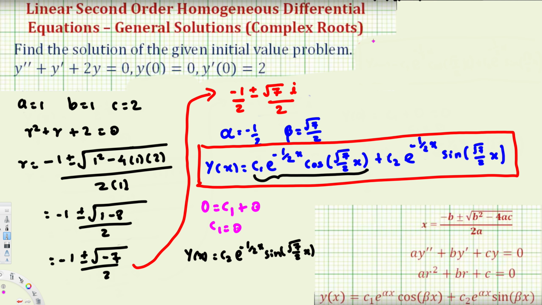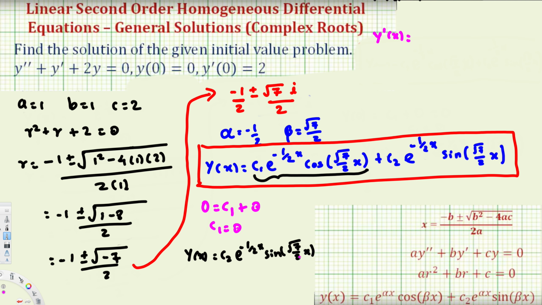Here we have y of x. Now we are going to find y prime of x. Let's find the derivative of this part first. This is going to be a chain rule because we have an outside derivative and an inside derivative.